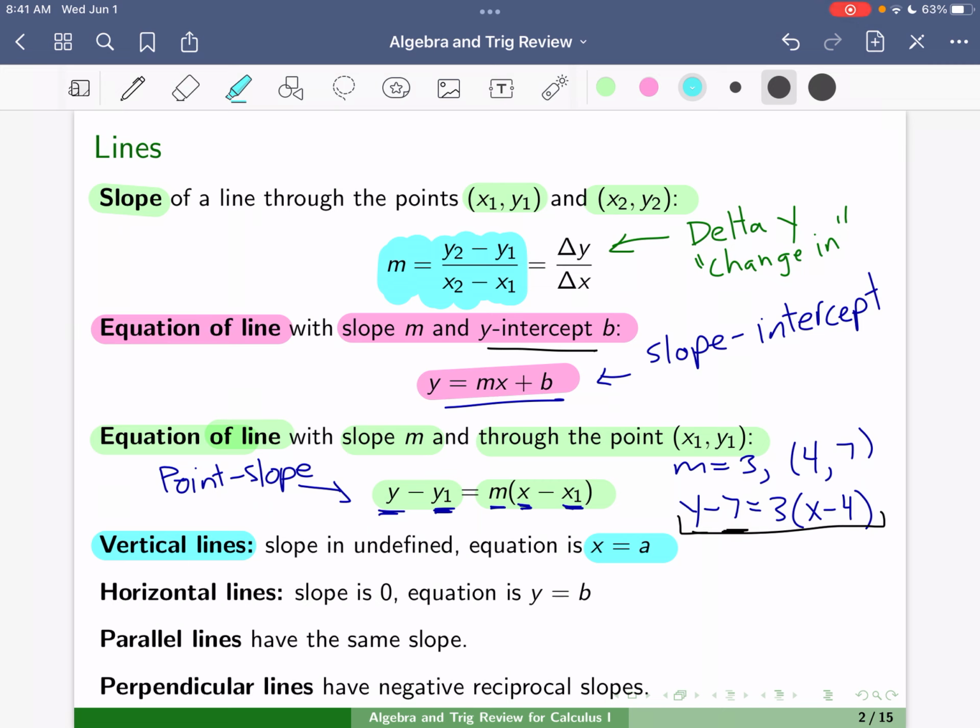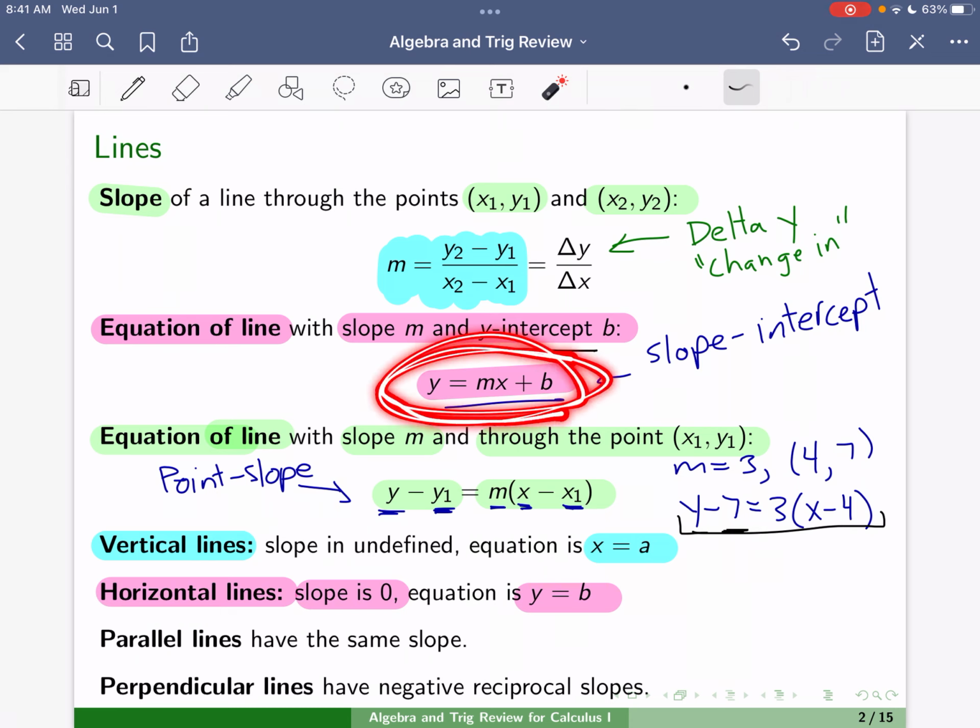It's not a y is equal to something, because your y is free to be anything that it wants, as long as your x value is whatever number that happens to be. If we're talking about a horizontal line instead, a horizontal line does have a slope. Its slope is 0, and so then its equation is y equals b. So you could come back up here. You could think of it as slope-intercept form. Your slope is 0 for a horizontal line, and so all that goes away, and you just have y is equal to b.